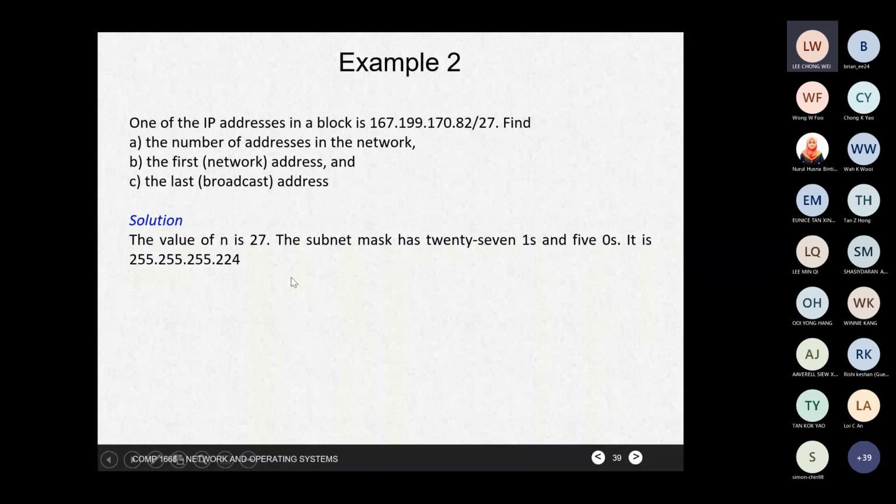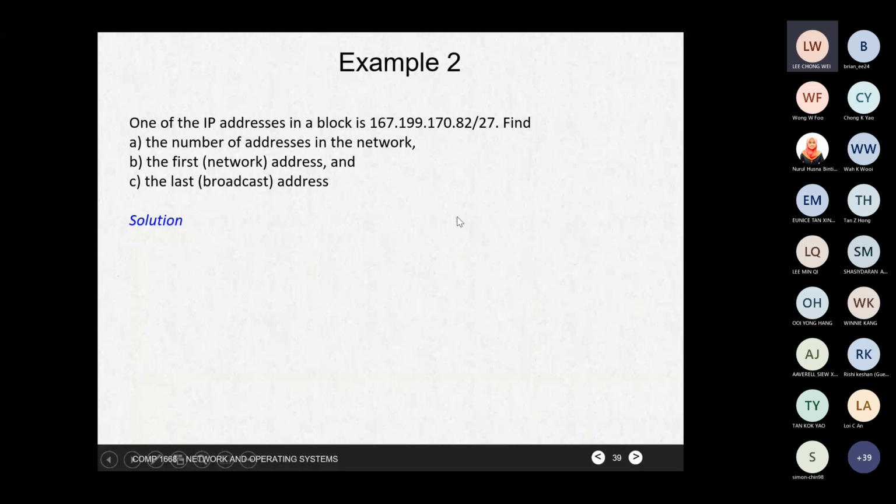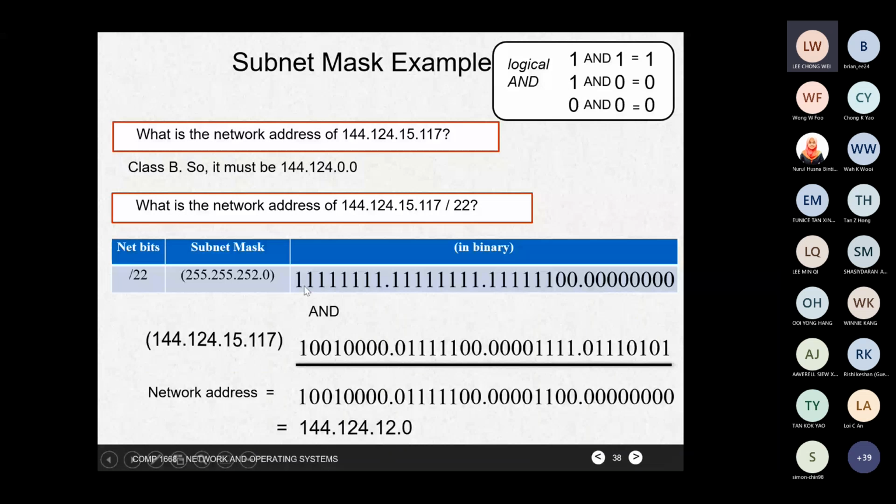The value of n is slash 27. Subnet mask is 27 ones and 5 zeros, because you have 27 ones. This represents 1, isn't it? Same as this, 22 means 22 ones.